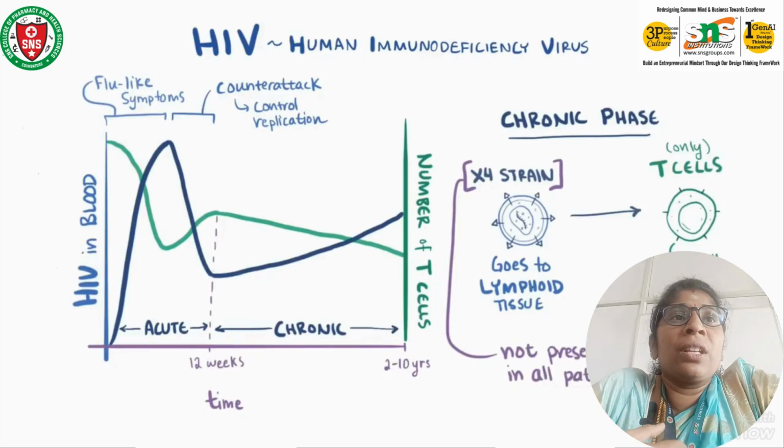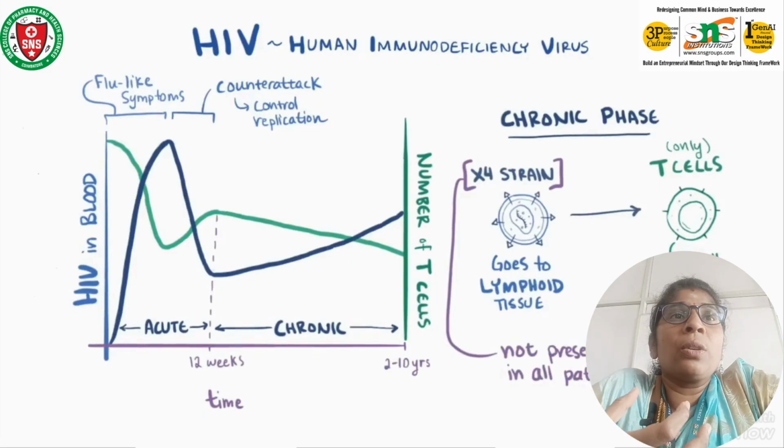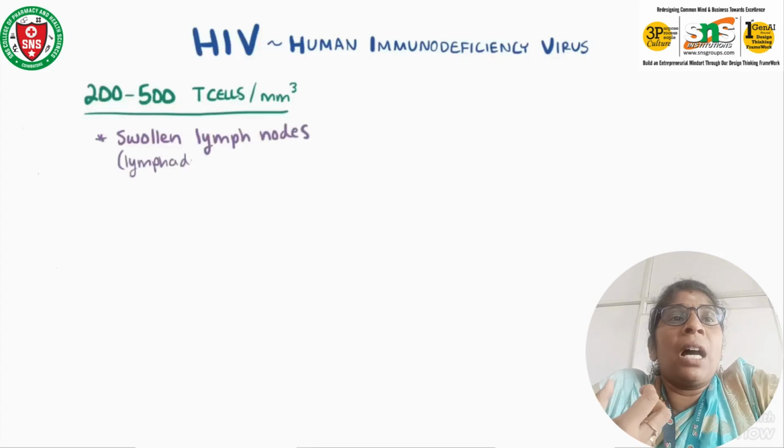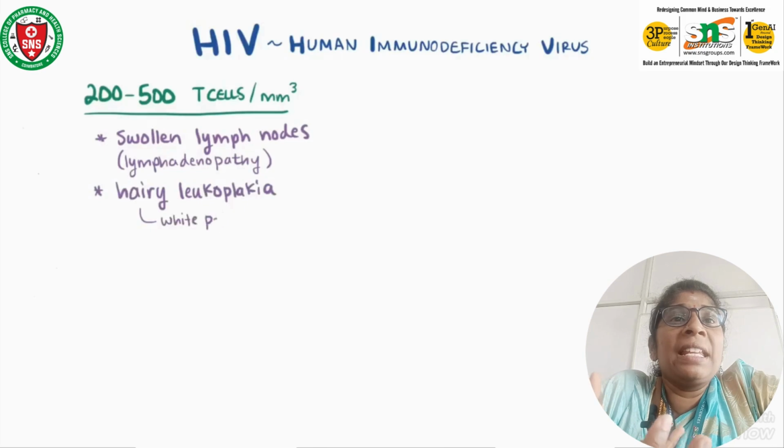And here, it spreads like a flu, and controlled replication will not happen. In a healthy human being, the acute phase is about 12 weeks, and the chronic phase is about 2 to 10 years.